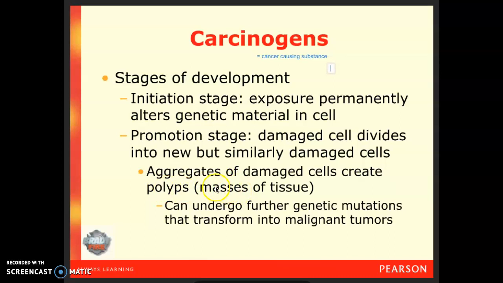And inside of those polyps, as the promotion stage continues, we can see further mutations happening, especially if we have continued exposure to the carcinogen. And those polyps, which are benign, at least initially, can turn into malignant tumors, which are considerably more dangerous.